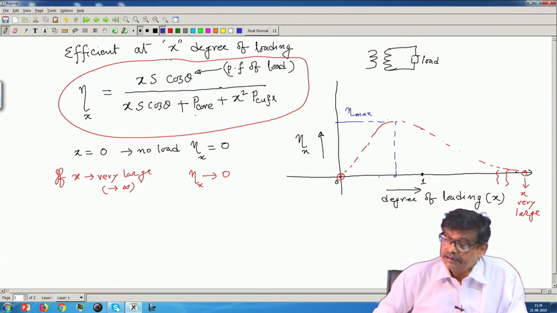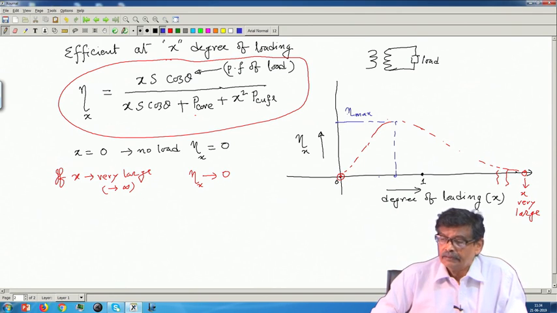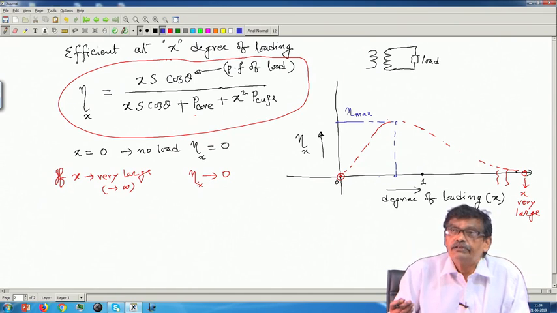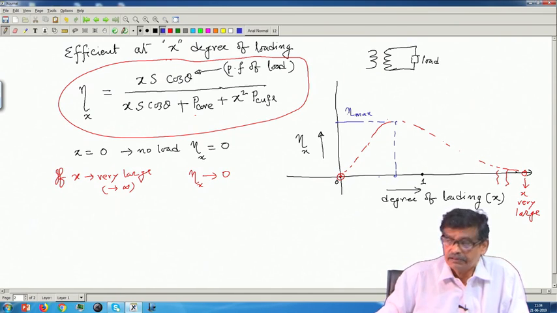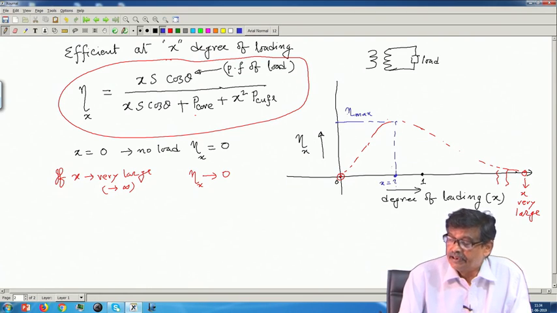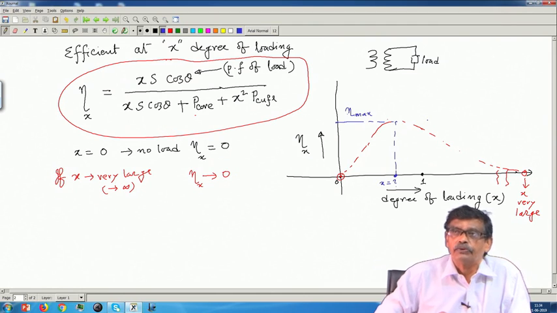Now, then it is natural to ask at what degree of loading x efficiency will be maximum, is it not? That is the question. So, this value of x is how much, such that efficiency will be maximum. I want to know that.